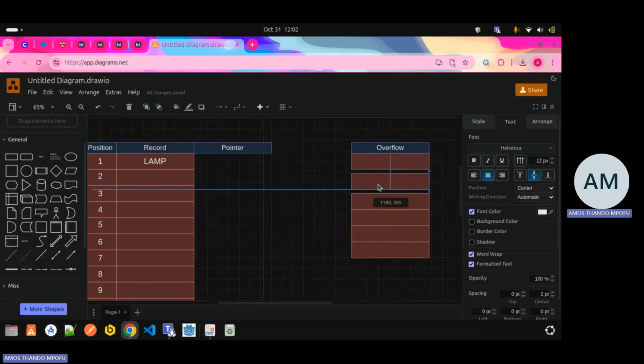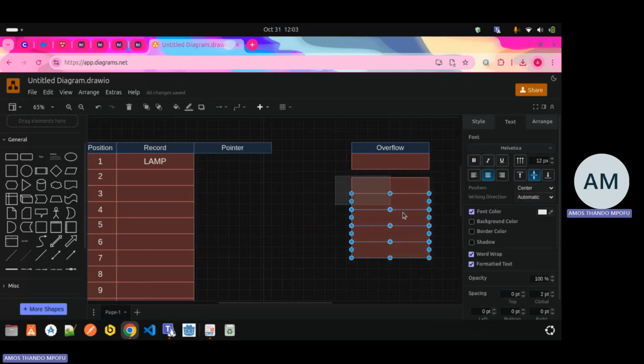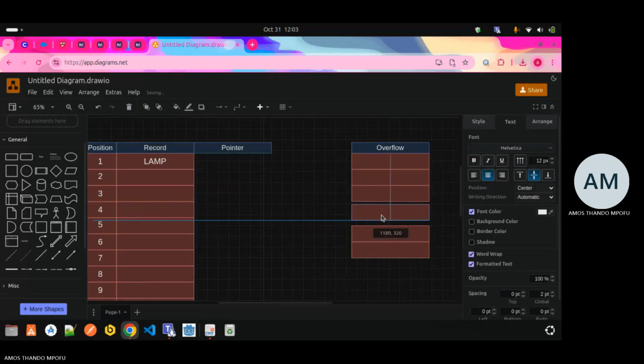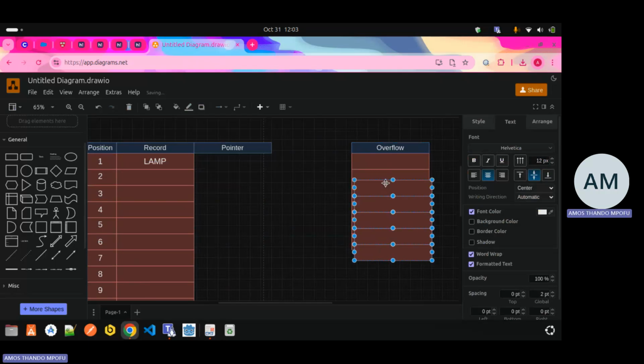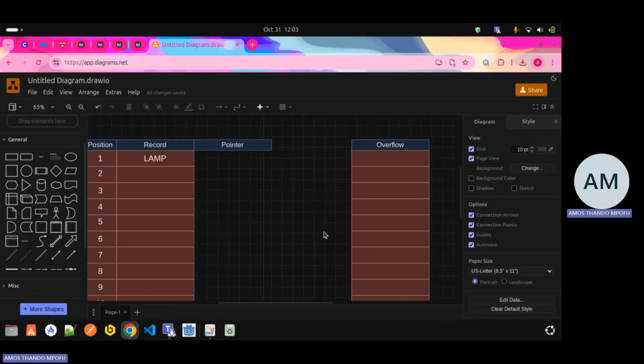I need 5 of this, so let me copy this 5 before I shift them. So copy this, and then I shift them here. Right, and then there's the other 5. There we go, done.